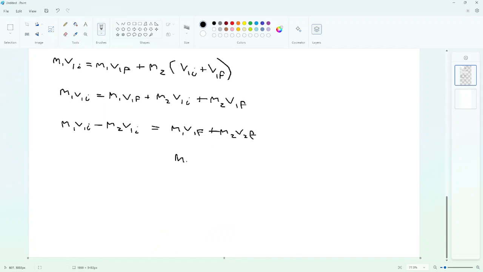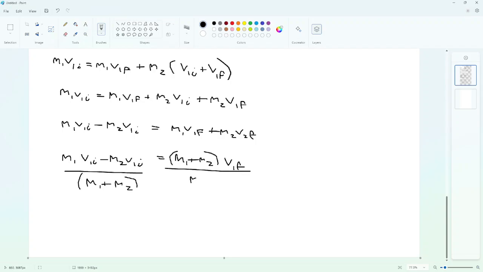What we're going to get is m1 plus m2 times v1f is equal to m1 v1i minus m2 v1i. Divide both sides by m1 plus m2, and we're just left with v1f.